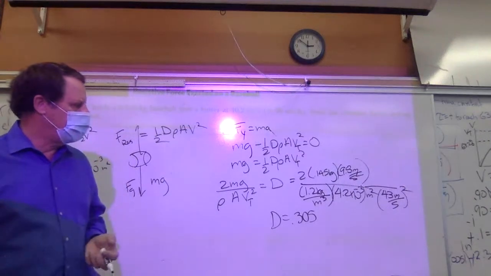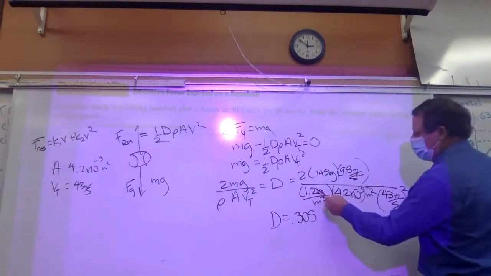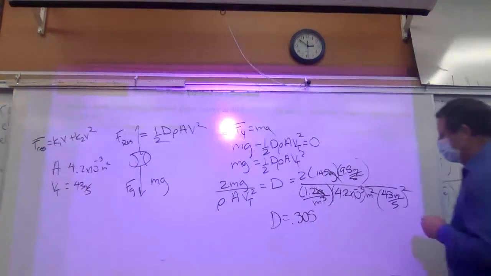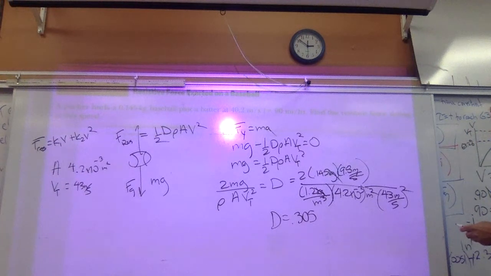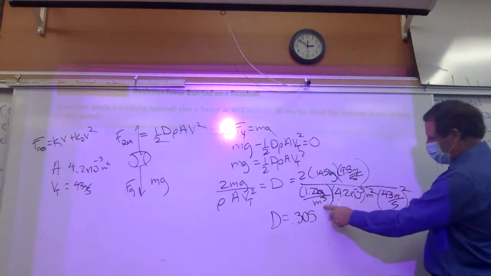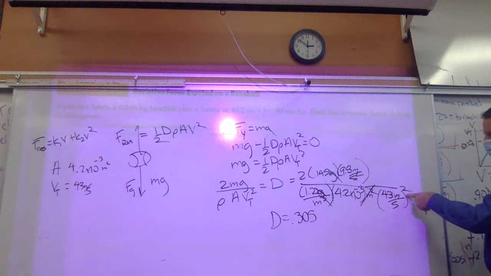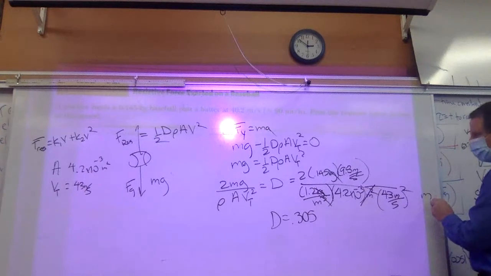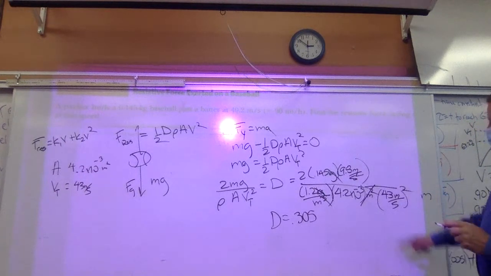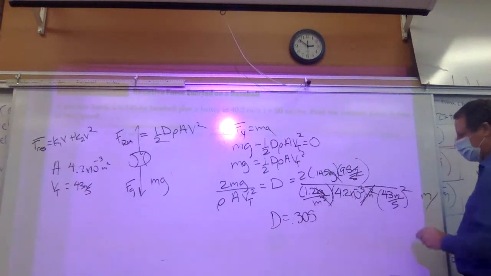Now, if we want to think about the units here, we're going to have kilograms that cancel out. We're going to have meters squared and meters cubed, so that's going to get rid of this one and get rid of that. We're going to end up having meters squared and a meter, so we're going to end up with a meter there. And then we're going to have a meter and a meter up there, so that's going to cancel out.